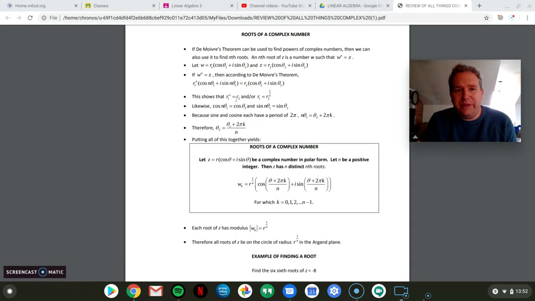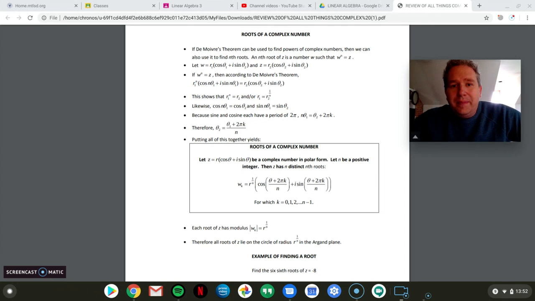And then if we're equating those two pieces, then cosine n theta sub 1 equals cosine theta sub 2, and i sine n theta sub 1 equals i sine theta sub 2. So we're just equating each piece of that in the equation.